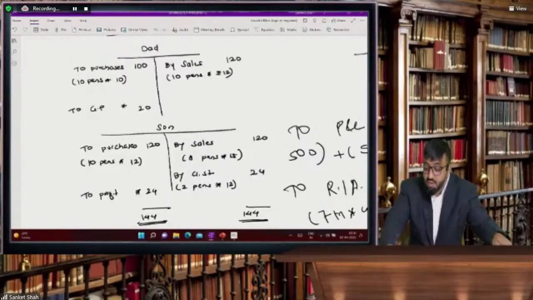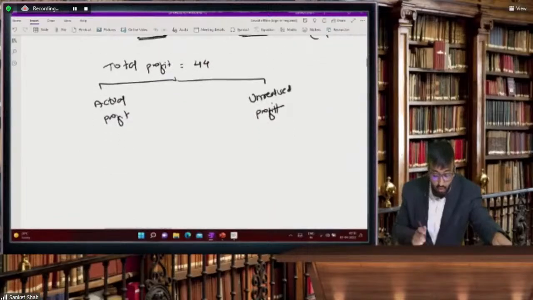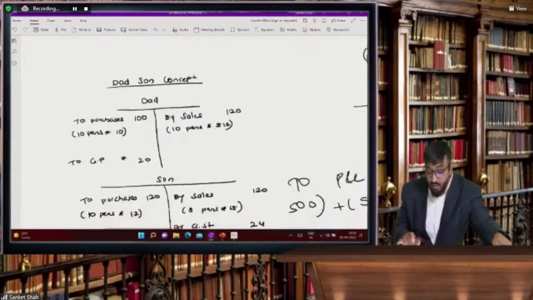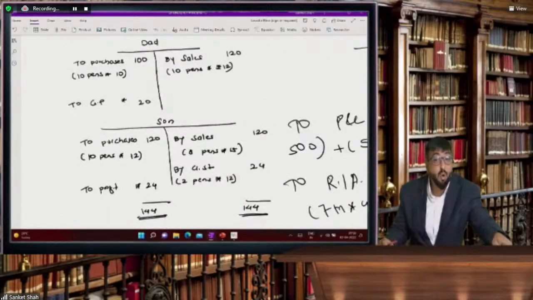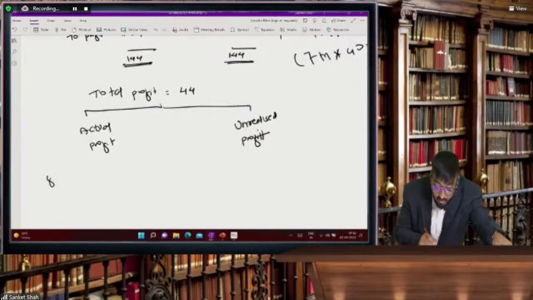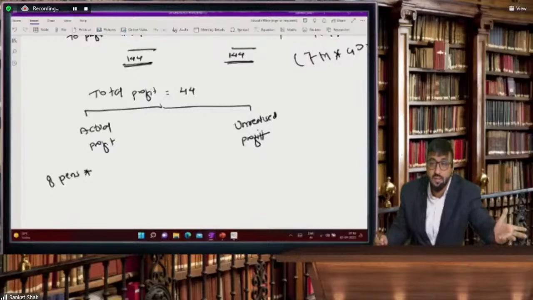20 rupees is not unrealized profit. Manshika ji, you answered it, but 20 is actual. See, how many pens did you sell, beta? To outsiders. You can say it is a profit when you sell to outsiders. The important point is that when you are selling to outsiders, then you can call it a profit. If you are selling to your son only, it is not a profit.